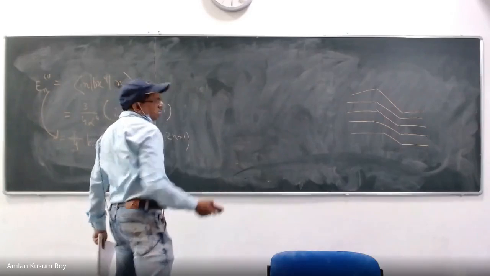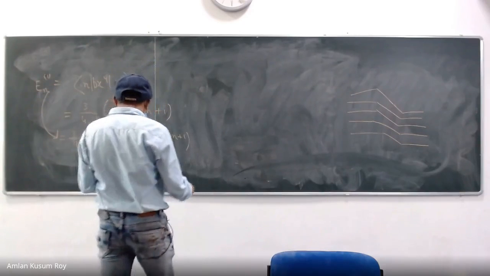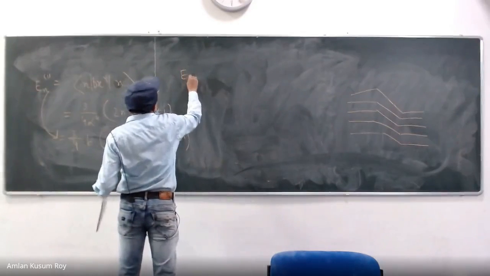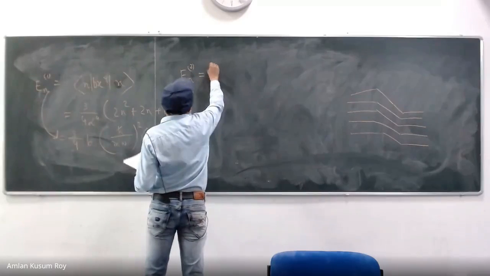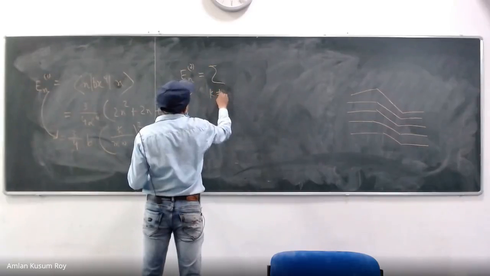Now, what is the second step? The second step asks you what is En2. What is En2? En2 is this expression, just like the way we wrote k not equal to n.